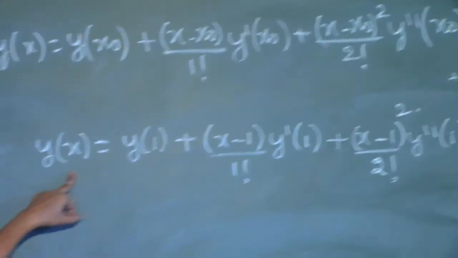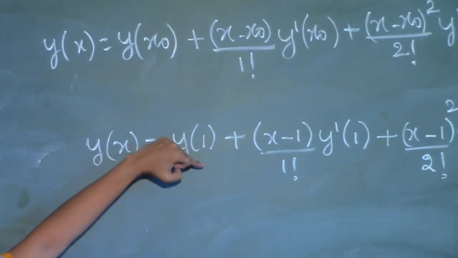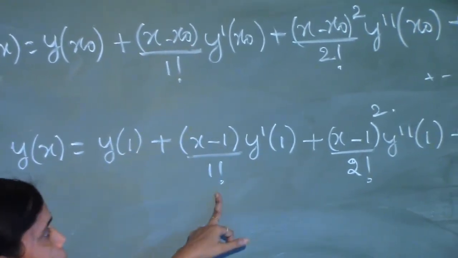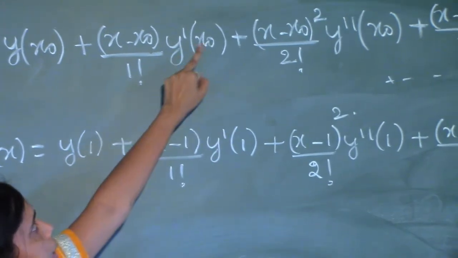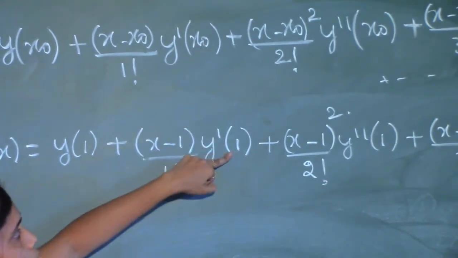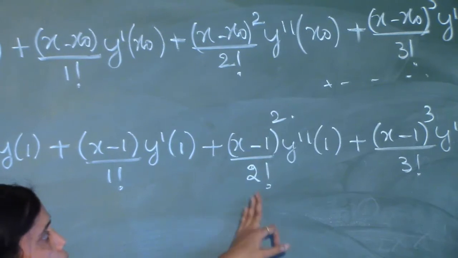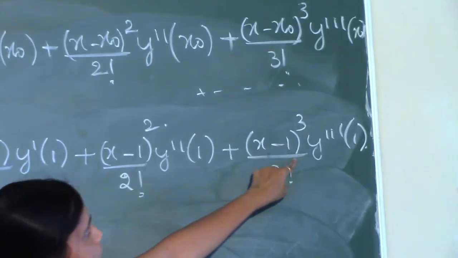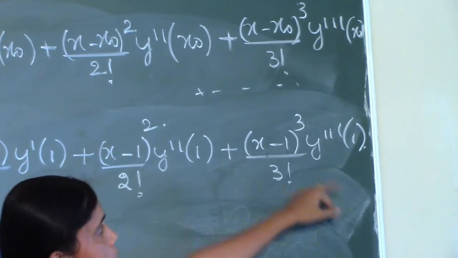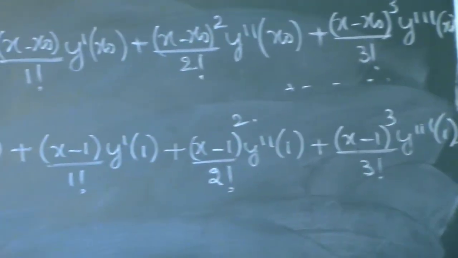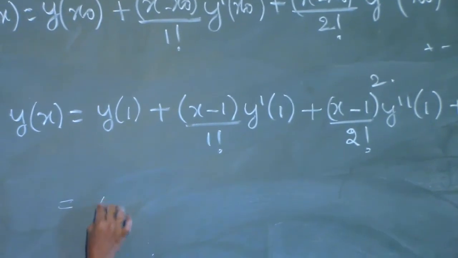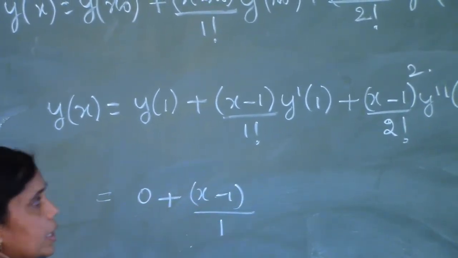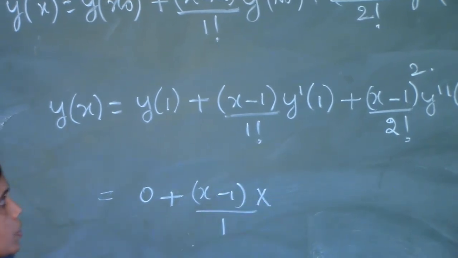So y of x is equal to y of your x naught value is 1 plus x minus x naught value 1, x minus 1 by 1 factorial into y dash of x naught value 1 plus x minus 1 whole square by 2 factorial, y double dash of 1 plus x minus 1 whole cube by 3 factorial into y triple dash of 1. Y of 1 value is 0 plus x minus 1 by 1 factorial value is 1 into y dash of 1.